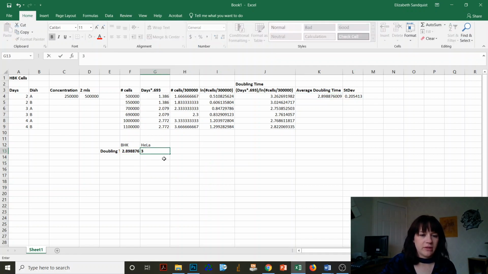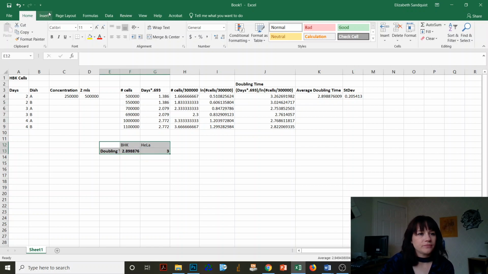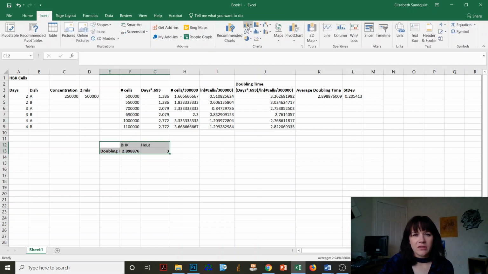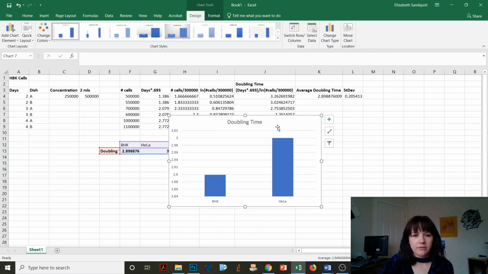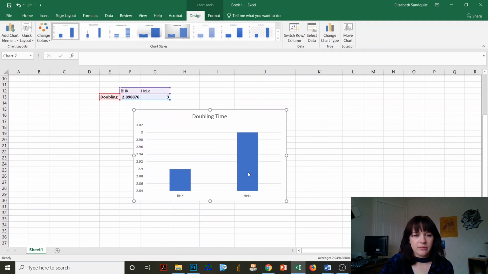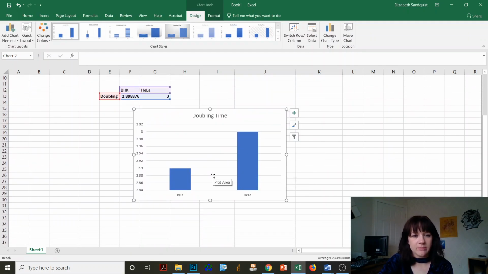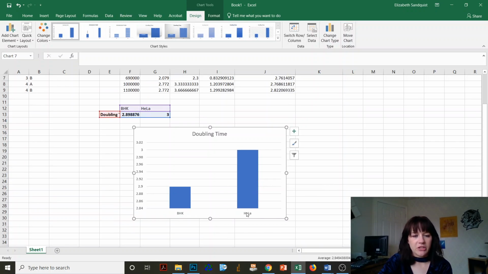Let's just say 3, right? I'm going to insert and just make a bar graph. So yours may not look like this, right? I've just made up data, but again, we've got a bar graph. Each bar is one of the cell lines, and on the y-axis we have the mean doubling time, right?